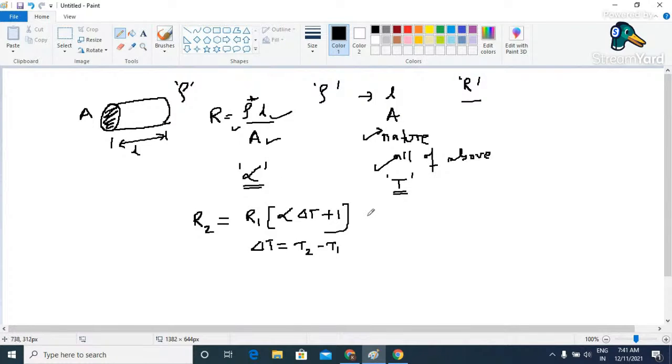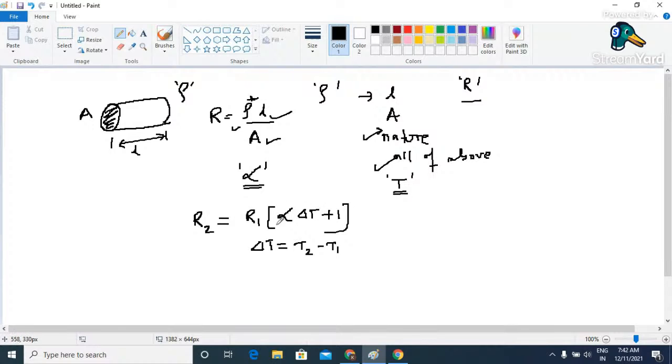From this formula you can easily calculate the resistance of a material if you know the resistance of that material at a certain temperature. You have to apply this formula.